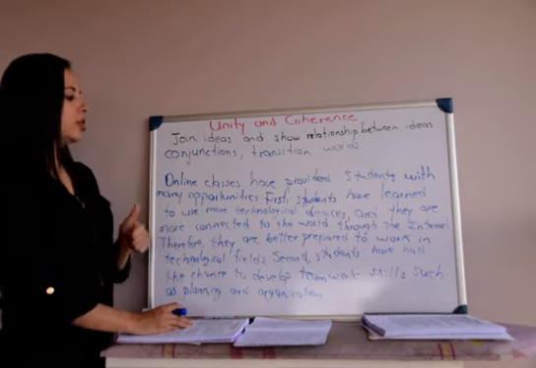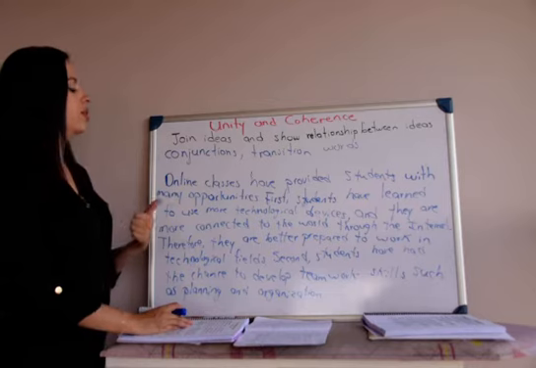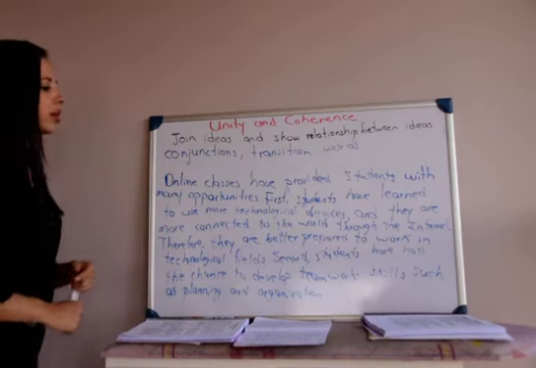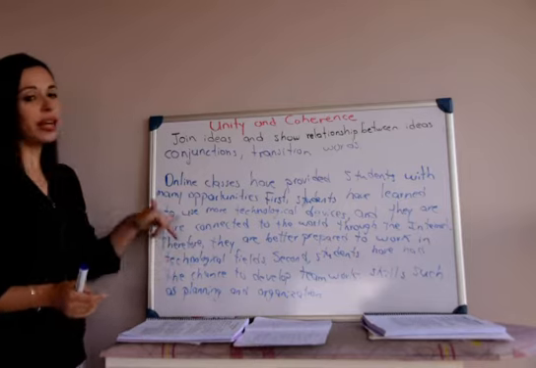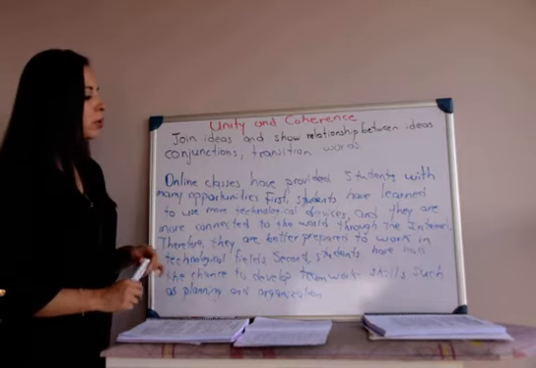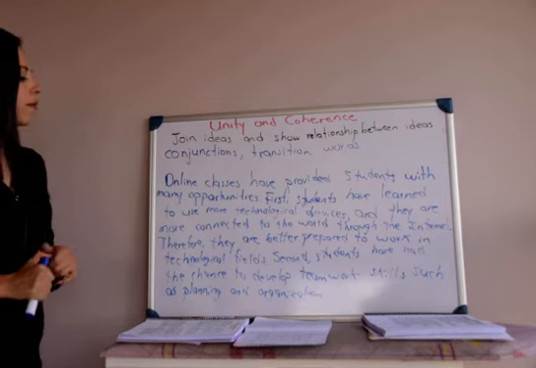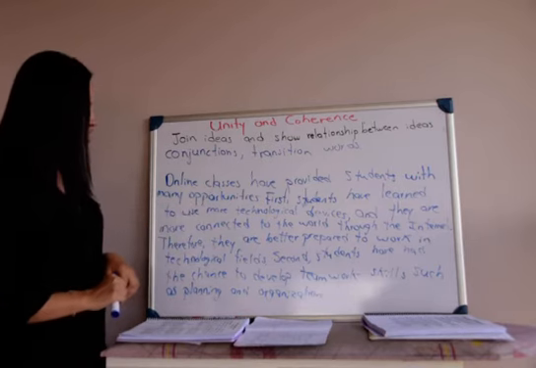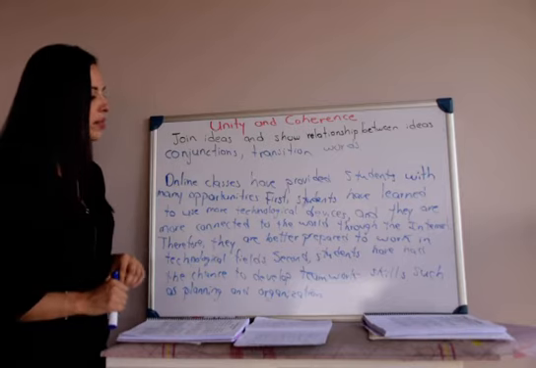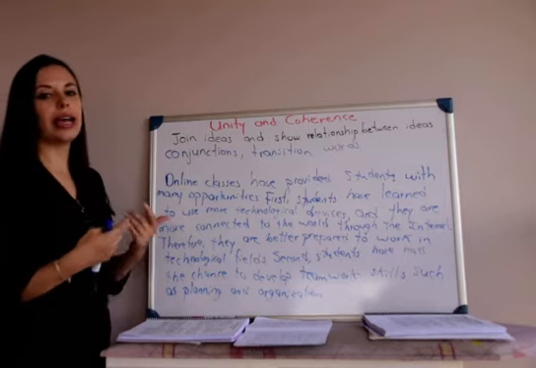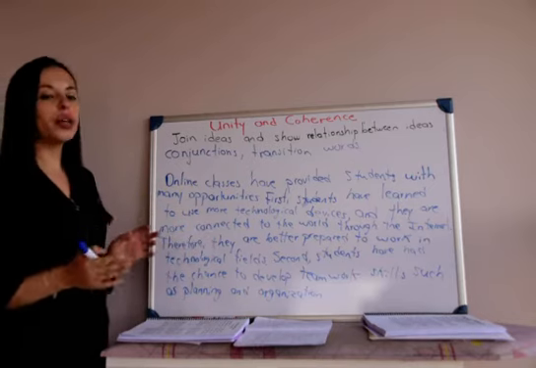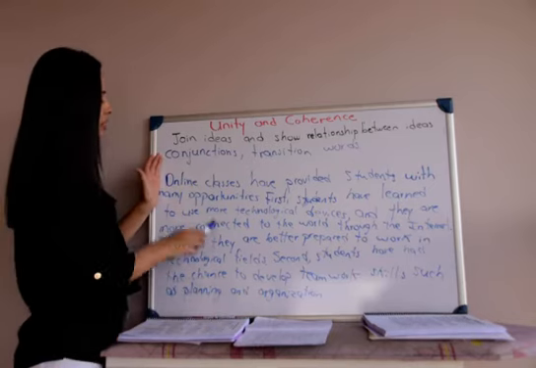First, students have learned to use more technological devices, comma, and they are more connected to the world through the internet. Therefore, they are better prepared to work in technological fields, period. Second, students have had the chance to develop teamwork skills such as planning and organization. So as you can see, this is a paragraph. We are keeping short sentences.